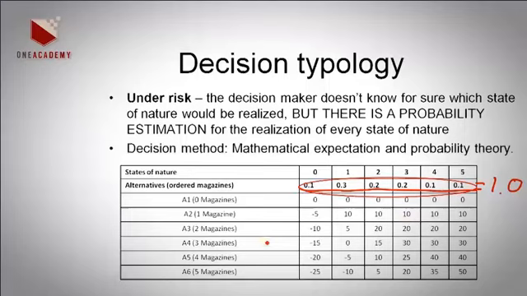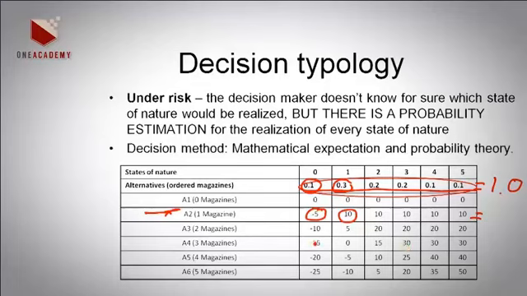What do we do in this case? Well, we do something that we have already covered in the previous lectures. It is the mathematical expectation, or the so-called expected value. I would like to remind you, we take the probability. Let's consider this row first. We take the probability of occurring multiplied by the given outcome, then we take the next probability multiplied by its given outcome, and so on and so forth, and then we sum all these results.